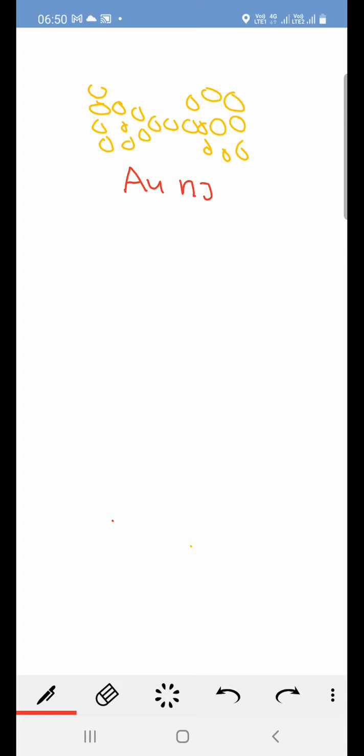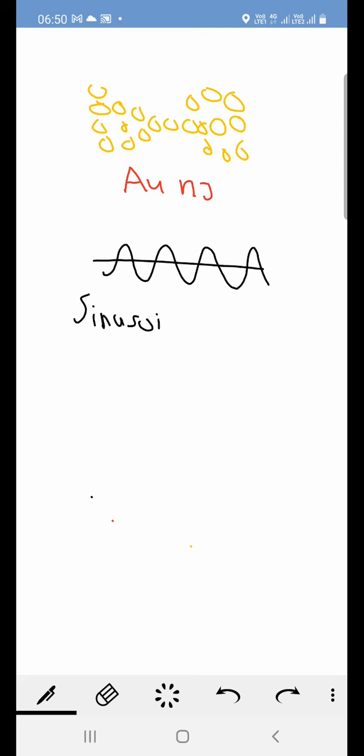So this is the gold atom junction, the Au nanojunction, and here voltage has been applied, an AC voltage has been applied, a sinusoidal voltage of frequency 1 megahertz, and the amplitude is 0.05 volts.